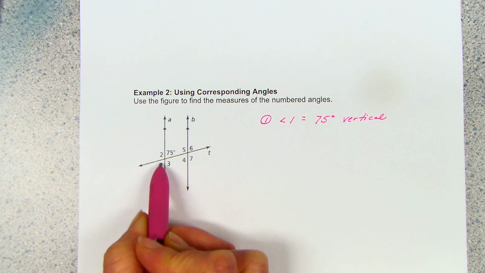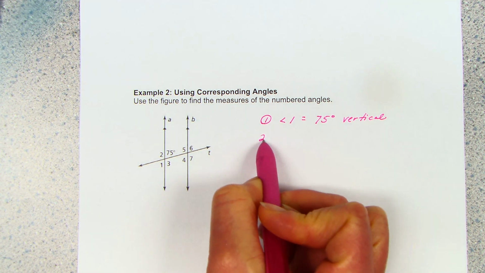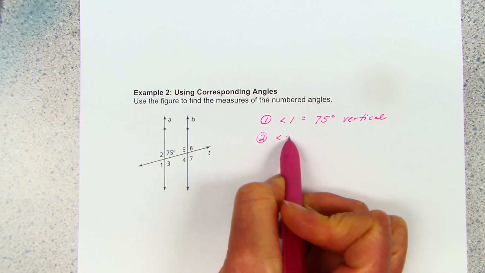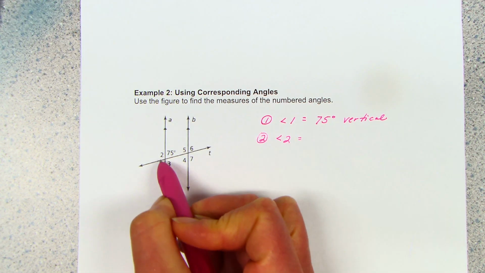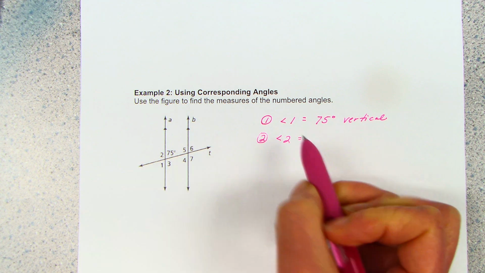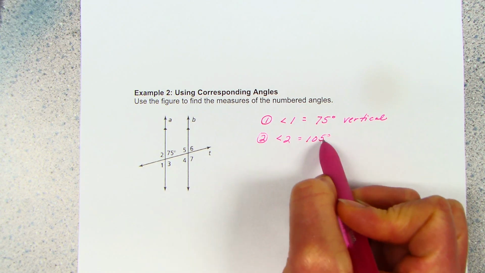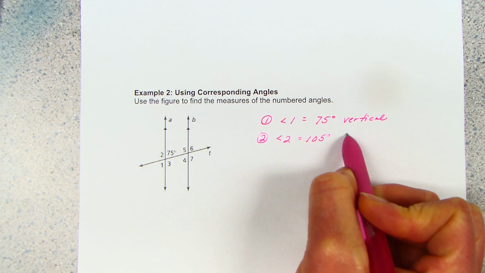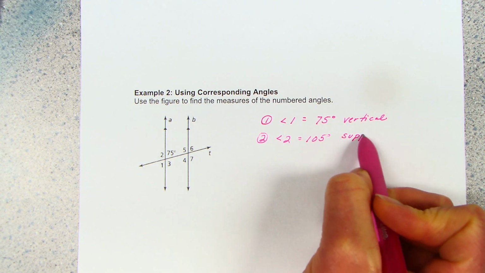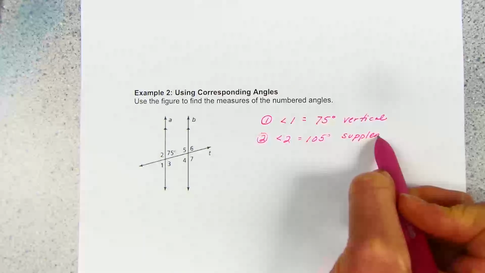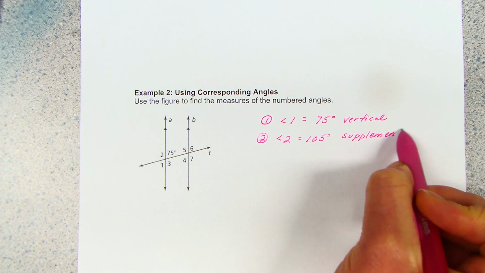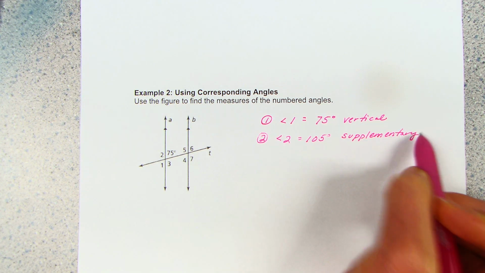Let's see, and from there, we can go to 2. Angle 2 then is supplementary to angle 1, so it must be 105 degrees. 105 plus 75 is 180. Supplementary. There we go. All right.